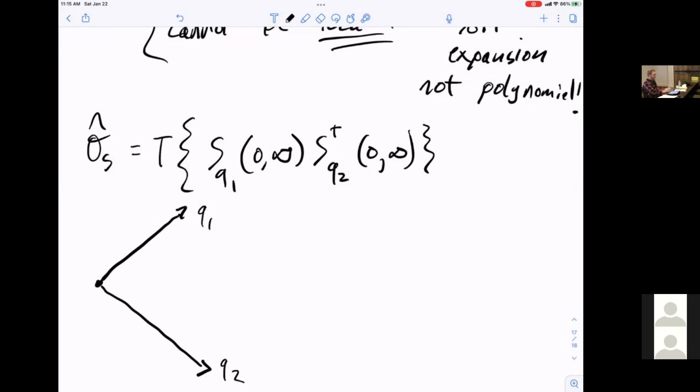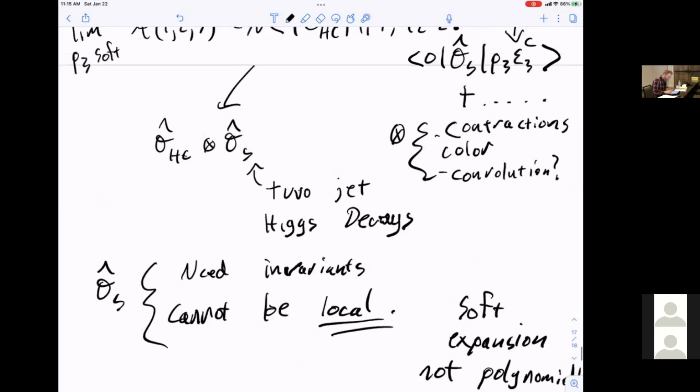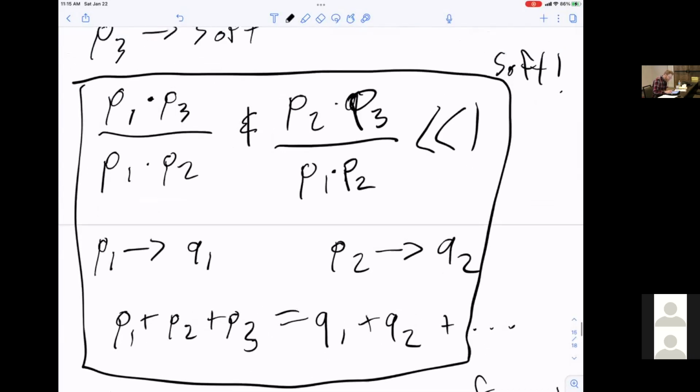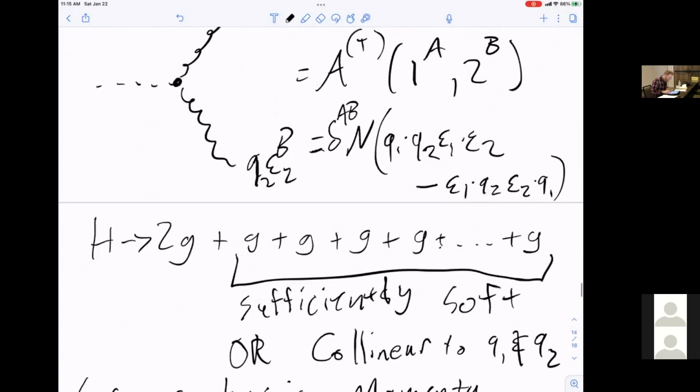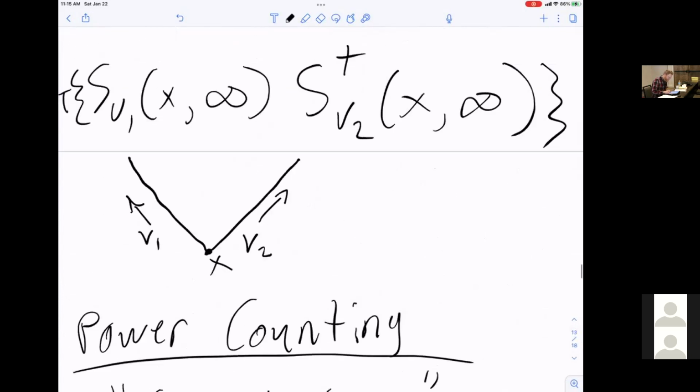Now, this is going to be gauge invariant because there are no gauge transformations at infinity. And the gauge transformation at 0 is being canceled between these two. So that's great. If I expand them out, I would have gotten this particular expression up here.